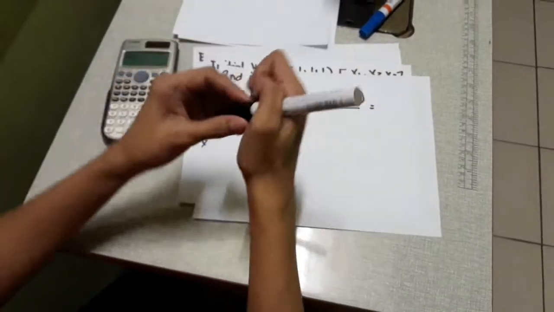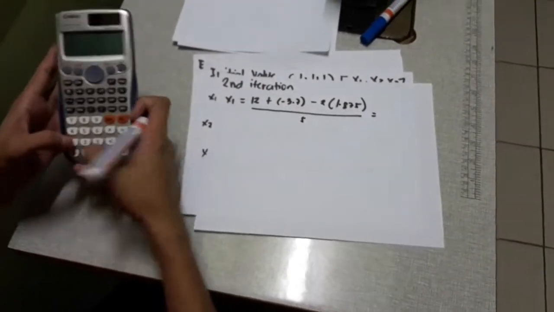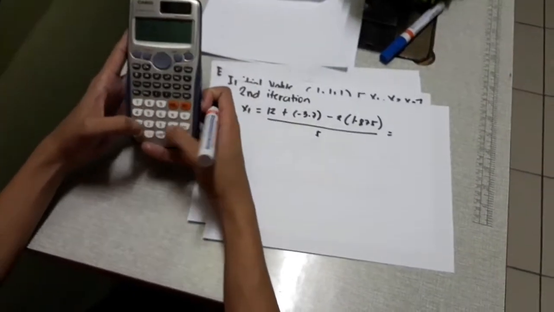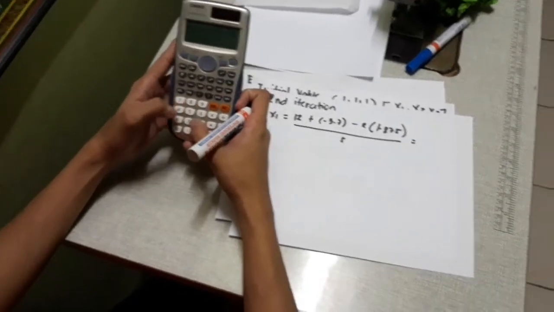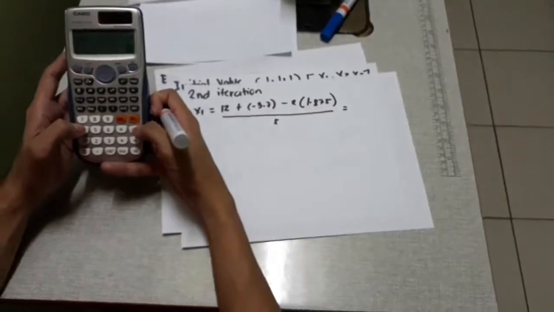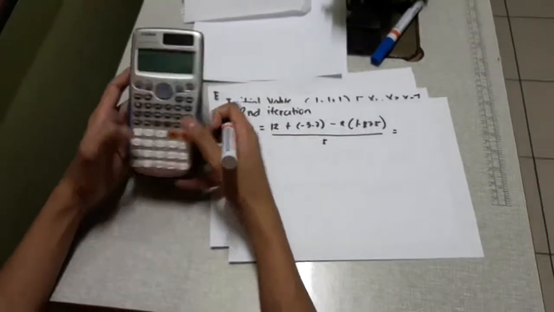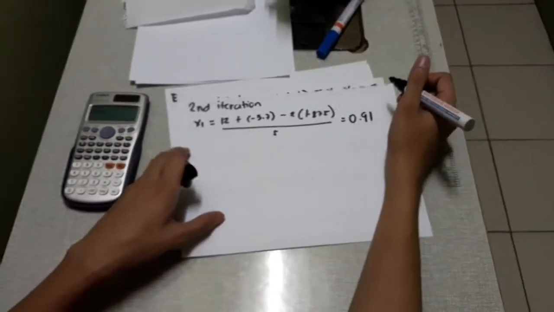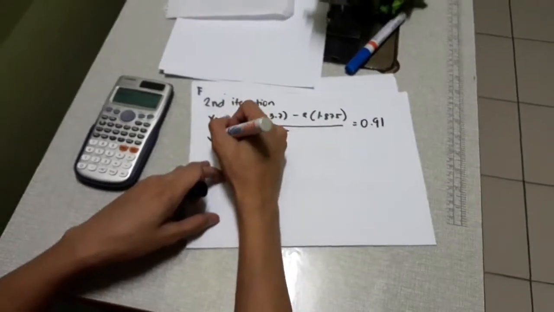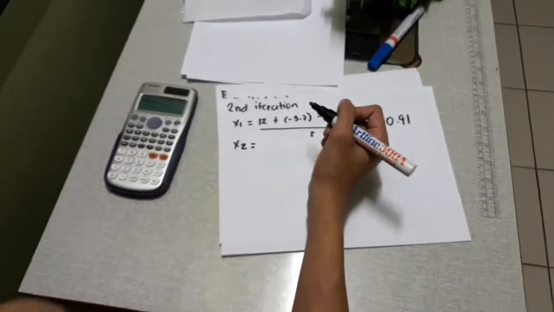When we calculate it, it is equal to 0.91. This is the new value for our x sub 1, and we will substitute it in the equation for x sub 2.